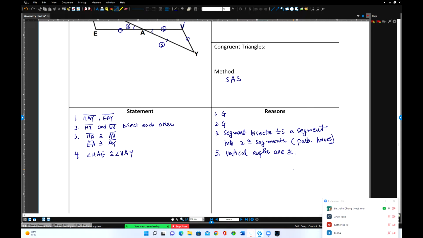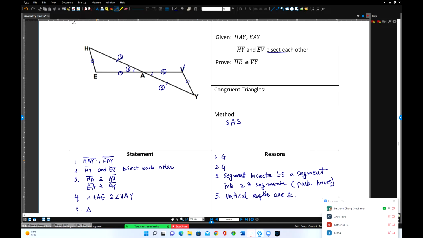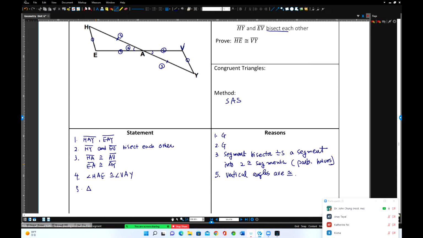Side angle side. Now you can say triangle HEA congruent triangle YBA, they are congruent. This is number 5: side angle side.